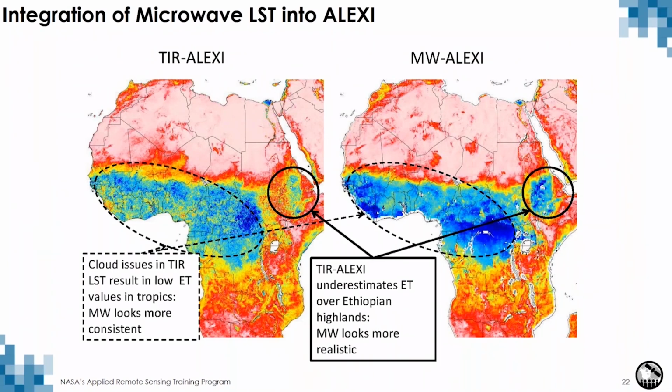That contamination gets into our system and it causes us to have errors and uncertainty. If you look at the microwave version, we don't have that, and so we get a much clearer picture of what's actually happening. And in this sense, the cloud issues were really causing us to underestimate evapotranspiration in a lot of these areas, where the microwave gave us much more certain observations with a lot less variability and noise.